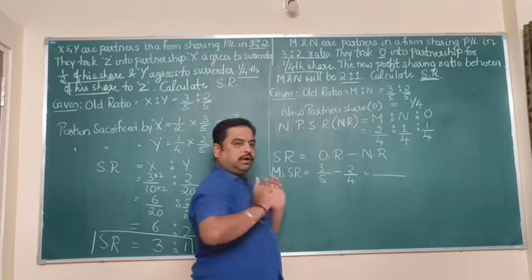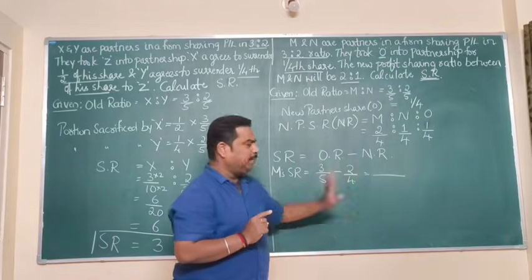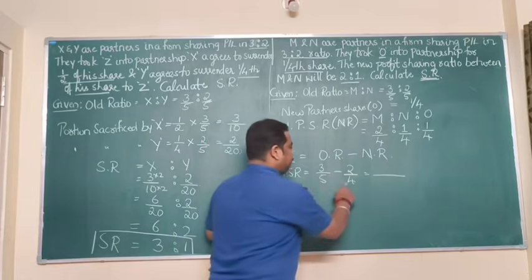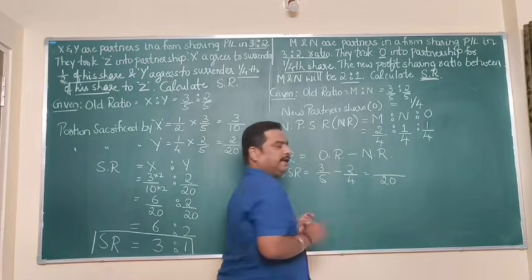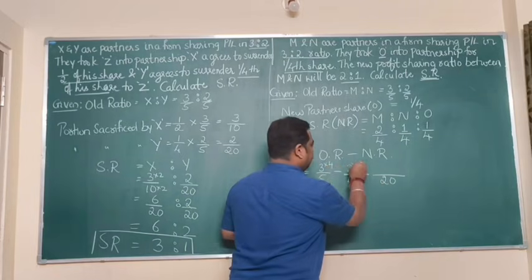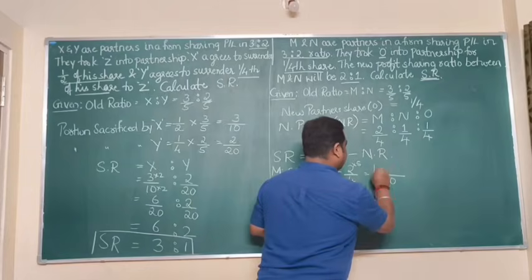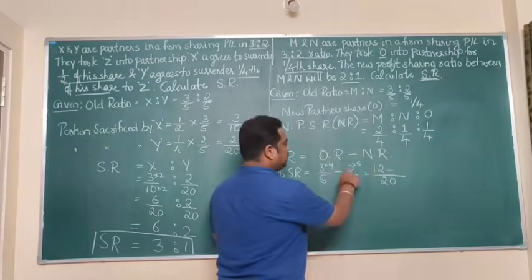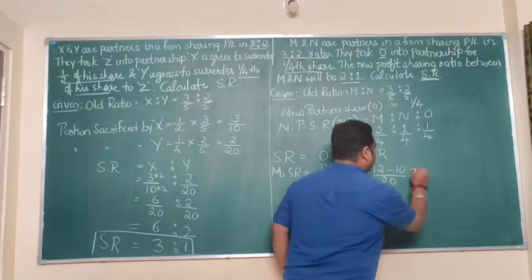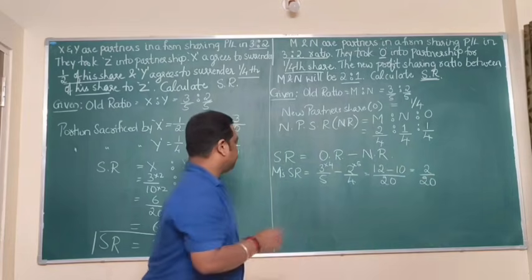Now 5 and 4, two different numbers. How do you get a common LCM? I told you, just multiply both the numbers. 5 4s are 20. 4 5s are 20. Opposite: 3 4s are 12 minus 2 5s are 10. So 12 minus 10, it is 2/20.